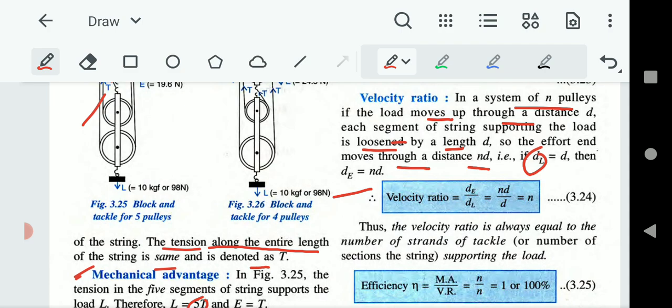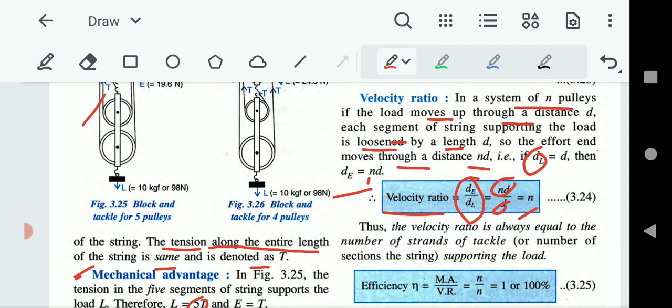Displacement due to the effort will be 5 times or 4 times depending on the pulleys. That's why it is written nd. Hence velocity ratio will be displacement due to effort upon displacement due to load. So displacement due to effort is nd and displacement due to load is d, then it is n.